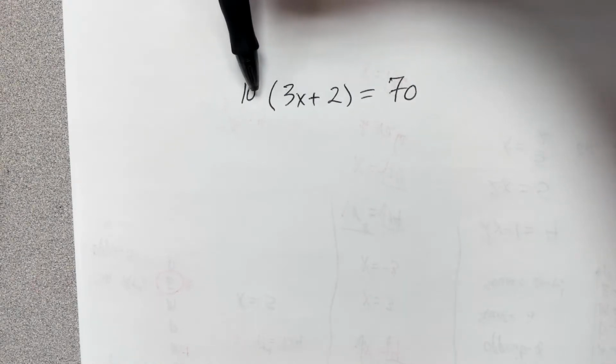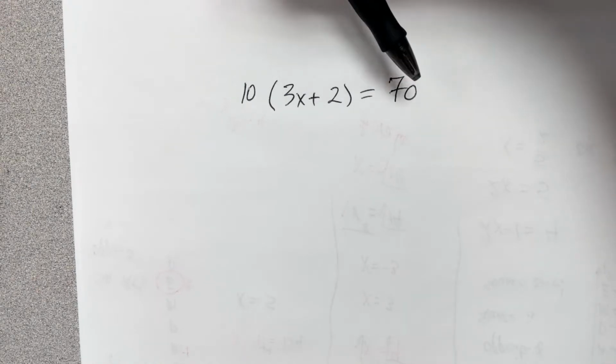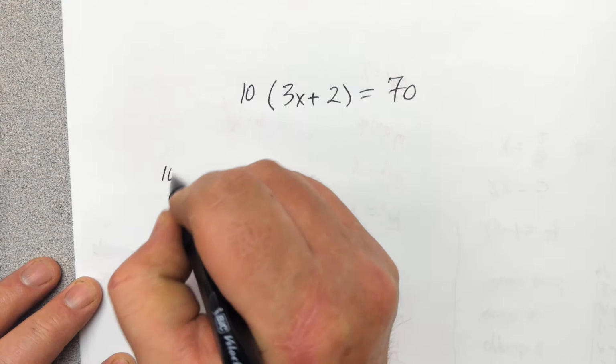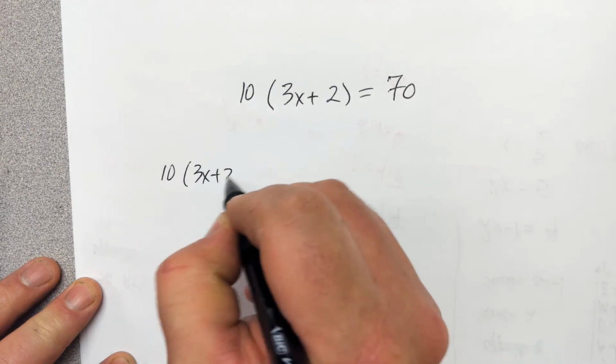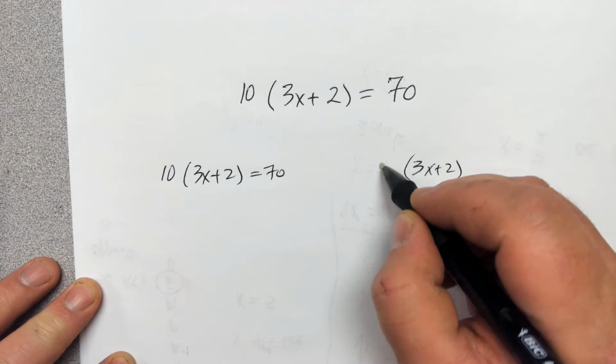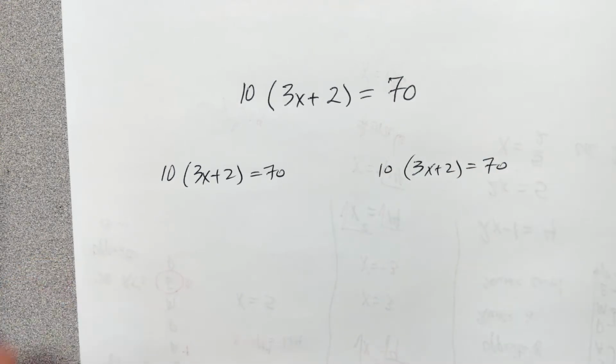But look at this. If this number will divide into that one, you could divide both sides by 10 also. See, this is all multiplication right here. This group is being multiplied by 10. So here, there's two ways, and you could do it either way.